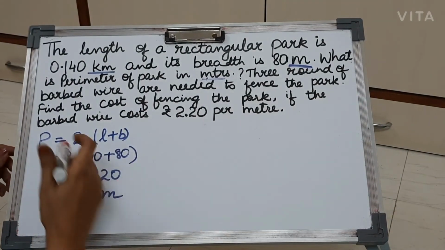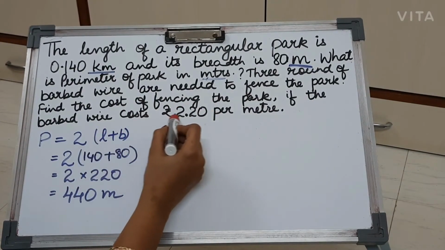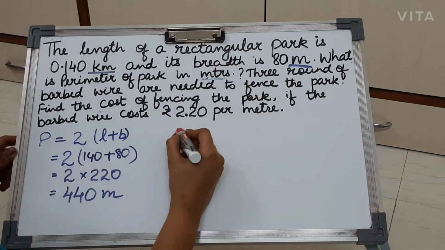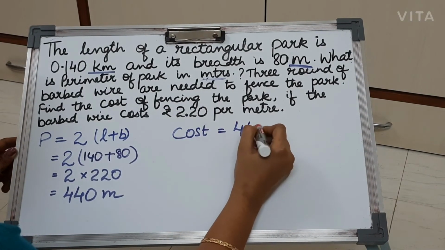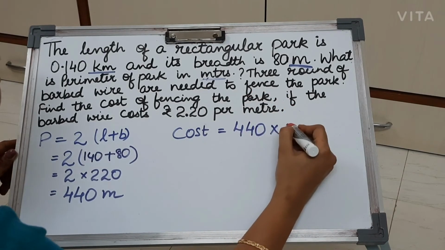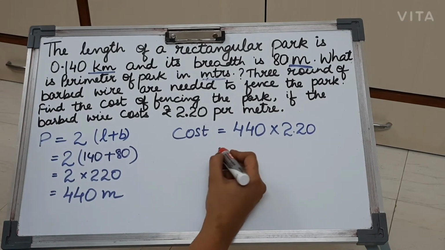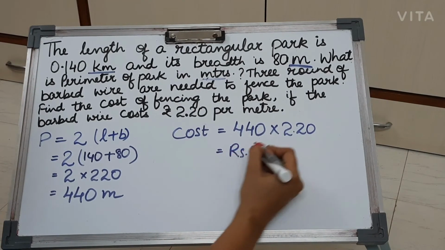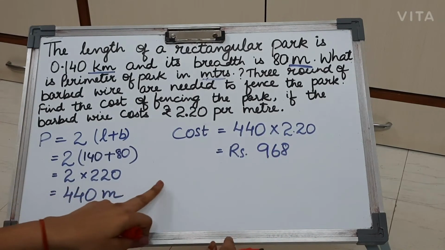Simply now what we have to do: find the cost of fencing the park if the barbed wire costs rupees this much. So we will find the cost of fencing as 440 perimeter into 2.20 per meter, which is given. We will just multiply and get the answer as rupees 968 for the total cost.